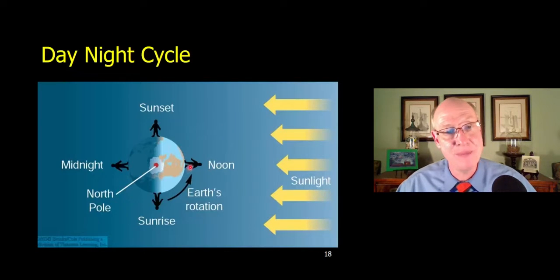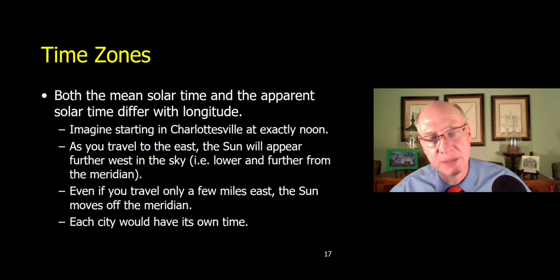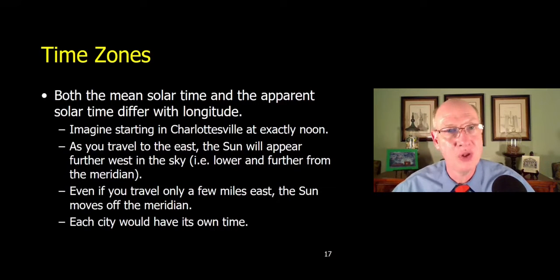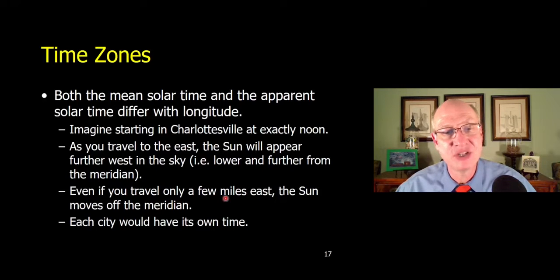The sun had been high in the sky a while ago, but it's no longer high. Even if I move just a little bit to the east, the sun will appear a little bit farther west in the sky. That is, as I move just a little bit to the east, the sun will already be past its highest point in the sky. And so even if I travel only a few miles east, the sun moves off the meridian.